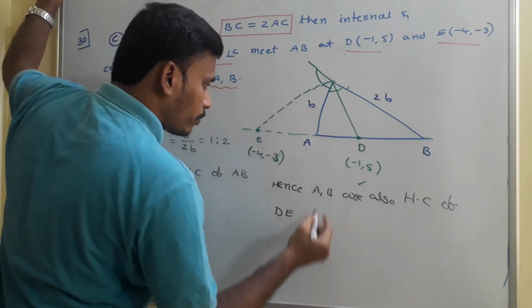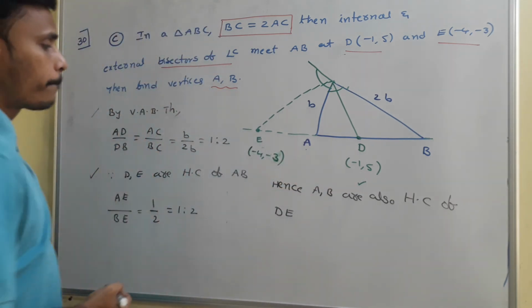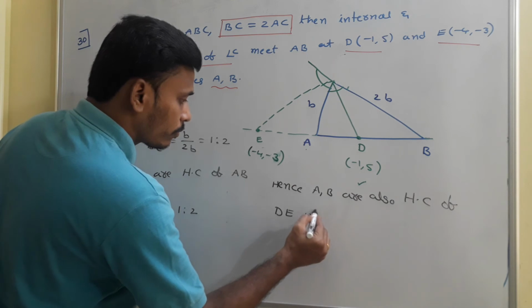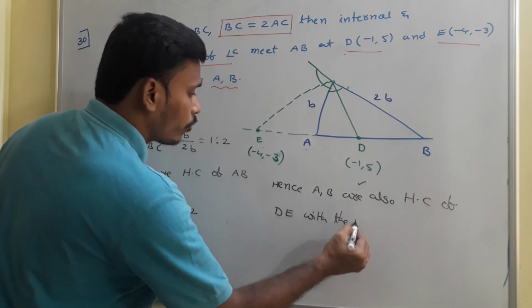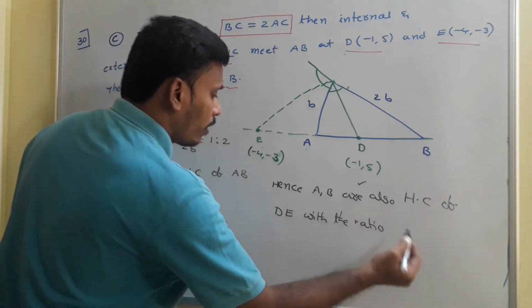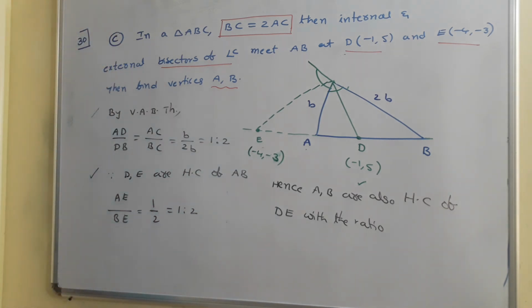So from this statement we conclude, hence, A, B are also harmonic conjugates of this D and E. With the ratio. What will be the ratio? That ratio you need to mention.